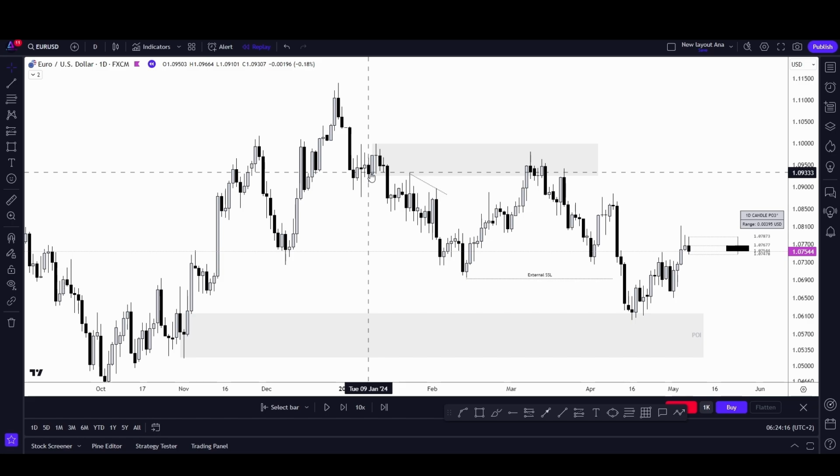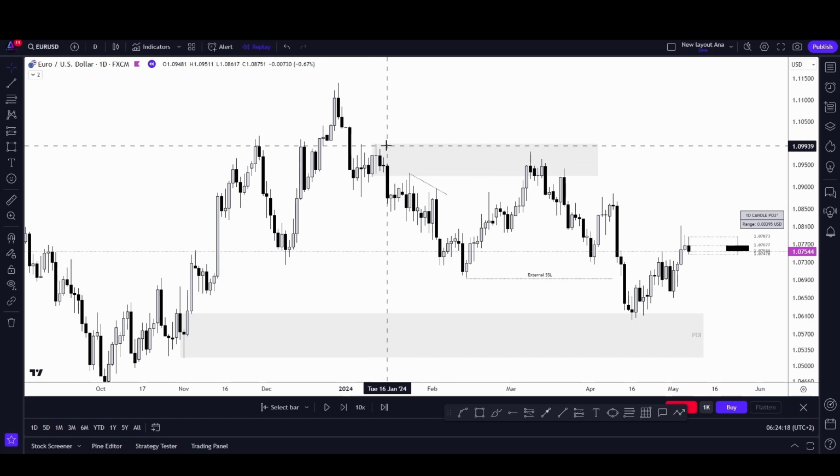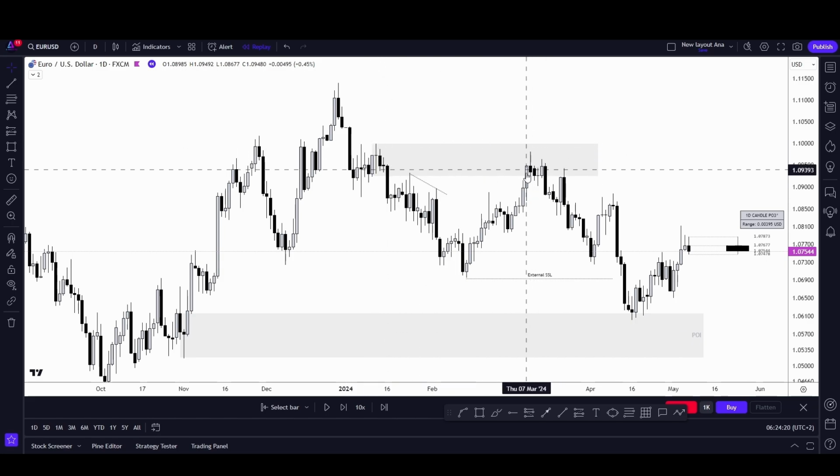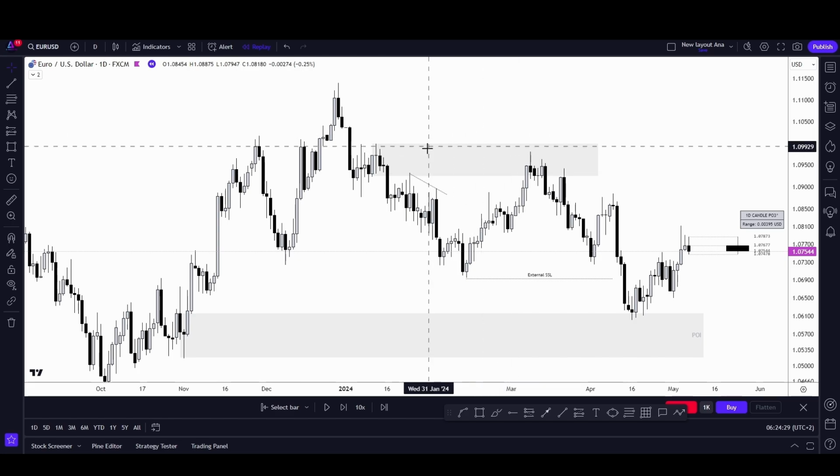So in this case here, I would not go aggressively and place an entry here. I would be looking for a confirmation in order to take a position. Now, it also depends on the trading style that you have.